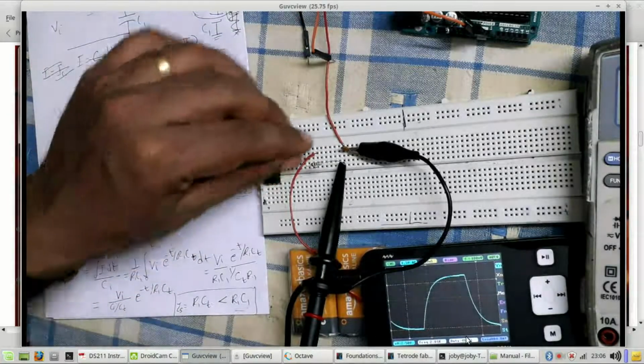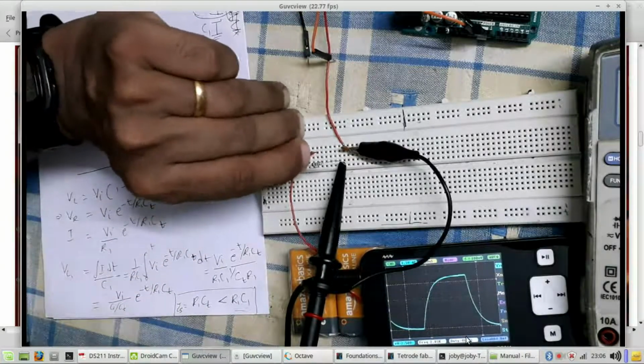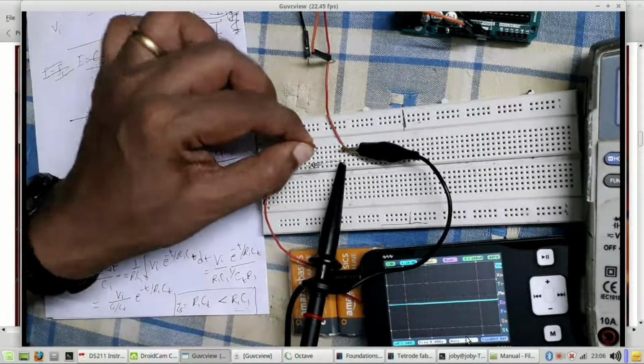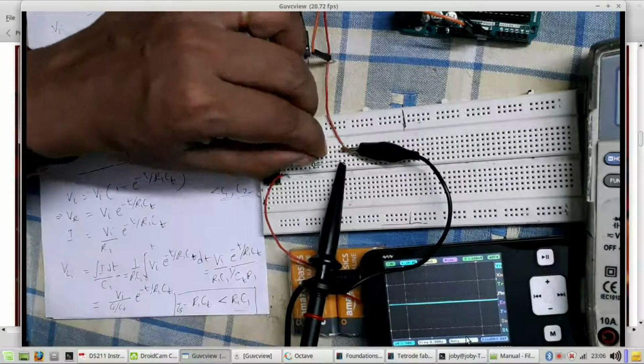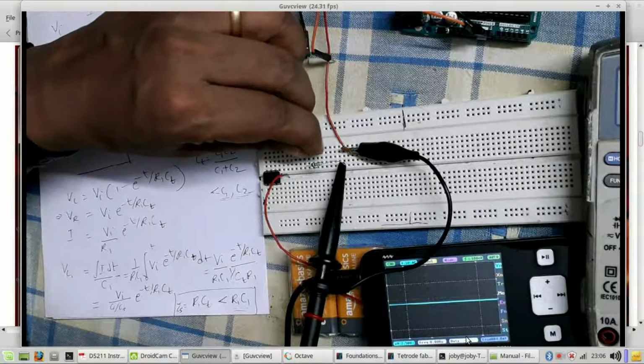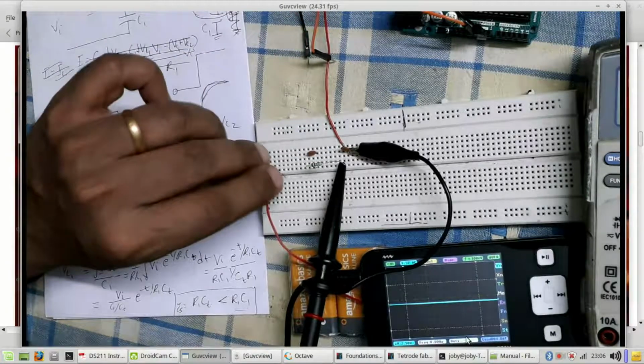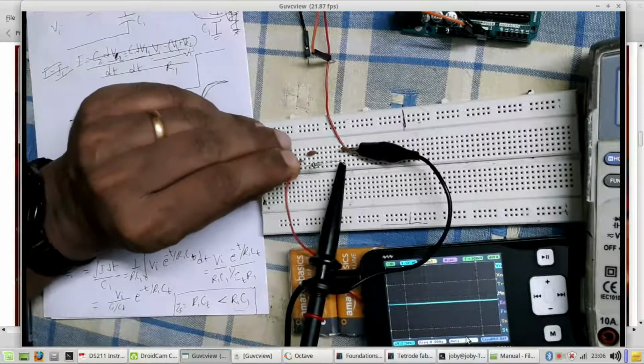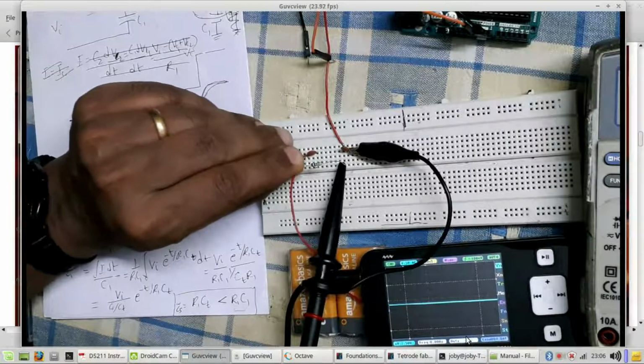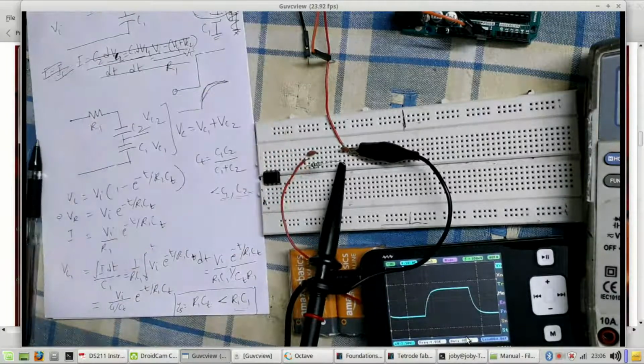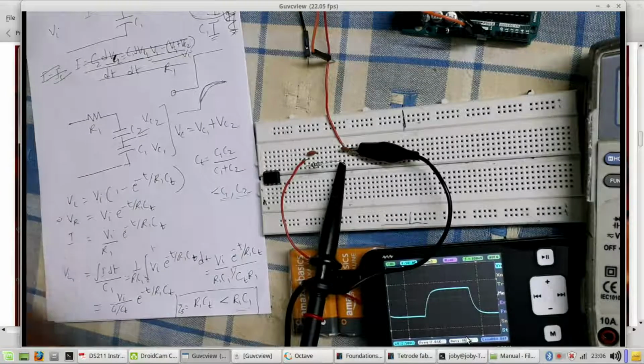And then wire it up. So now the input to the circuit should be through the capacitor. So we have wired up the capacitor like that, and we are giving the input to the capacitor. And you can see the waveform now has a much faster time constant.